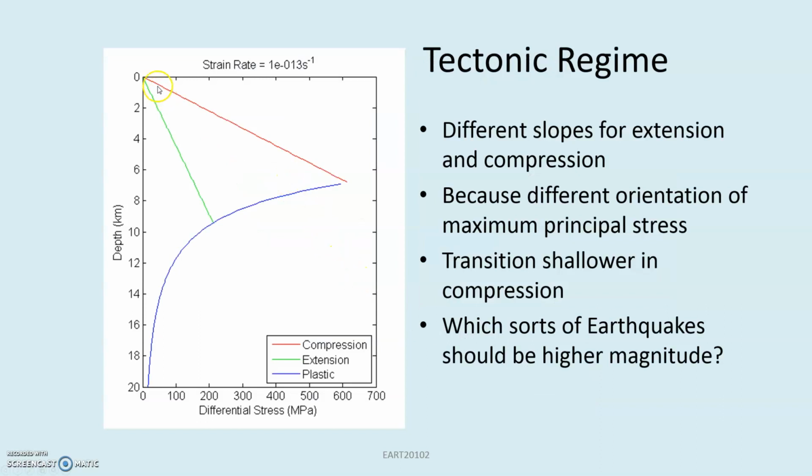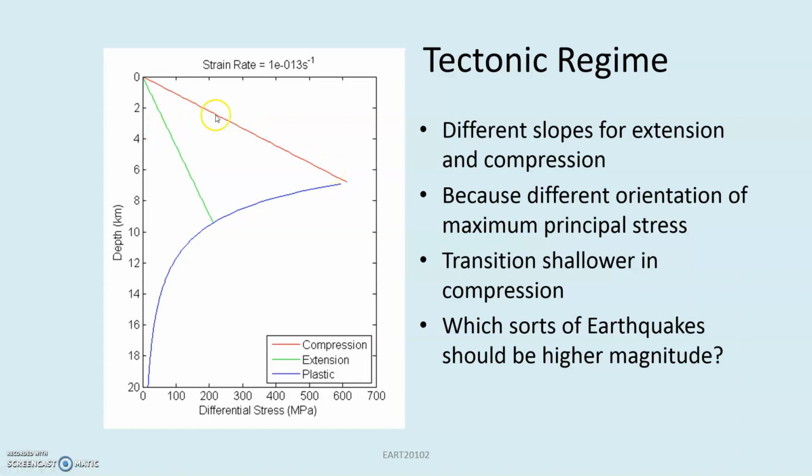So this is a strength envelope, and we've got compression here and extension in here. There are different slopes for compression and extension because the vertical stress in the extensional regime is sigma 1, and the vertical stress is sigma 3 in the compressional regime.